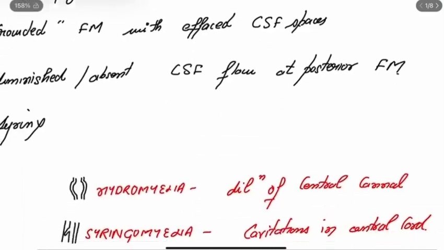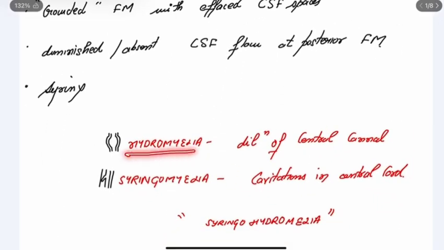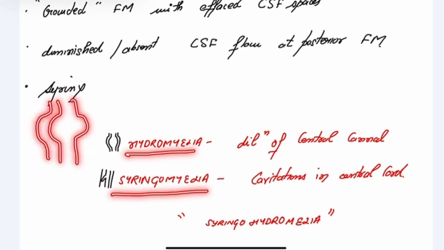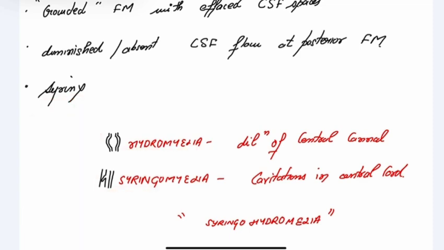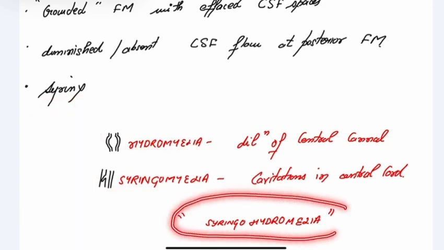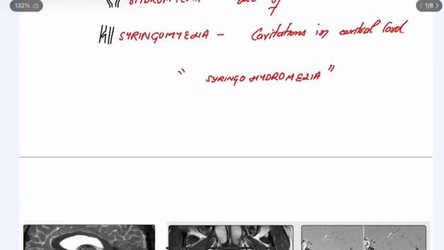Basically, there are two terms: hydromyelia and syringomyelia. Hydromyelia is dilatation of the central canal, whereas syringomyelia is cavitation in the central cord. But most of the time they are indistinguishable on MRI images, so we use a common term, syringohydromyelia.